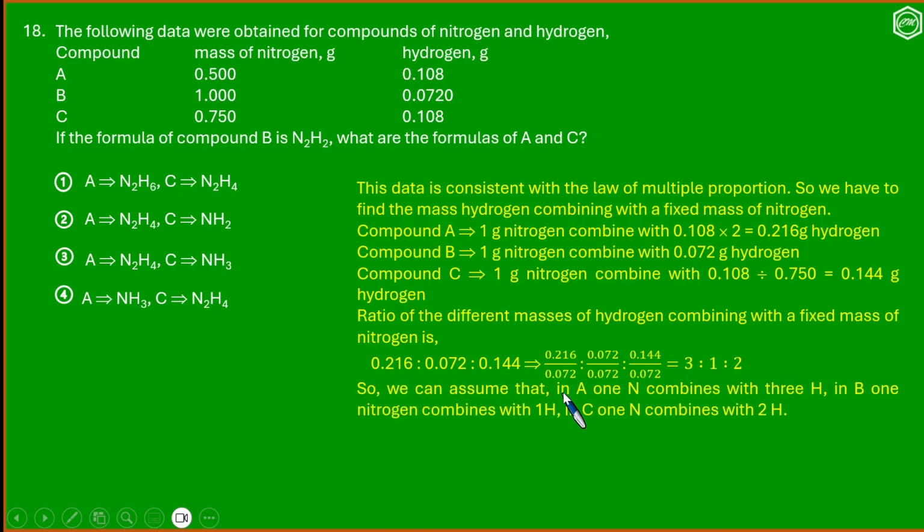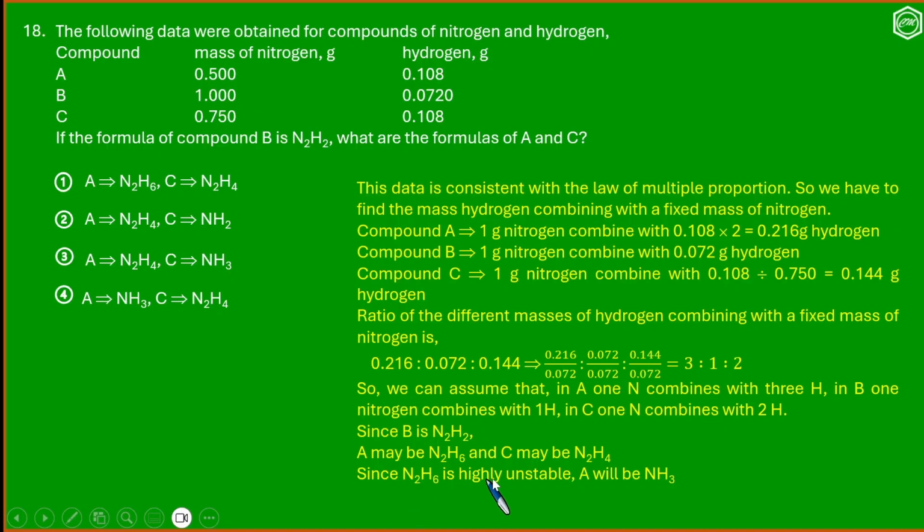So we can assume that in A, 1 nitrogen combines with 3 hydrogen, in B, 1 nitrogen combines with 1 hydrogen, and in C, 1 nitrogen combines with 2 hydrogen. But the formula of B is N2H2, that is 2 nitrogen combines with 2 hydrogen. Therefore, A may be N2H6 and C may be N2H4.